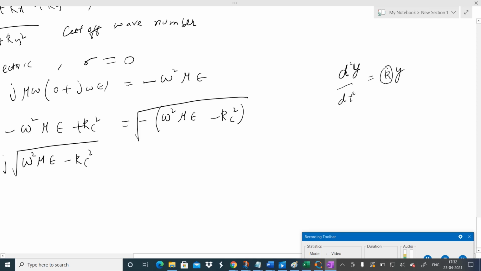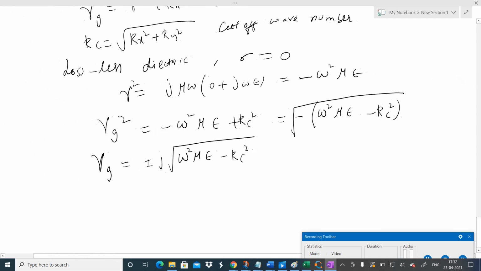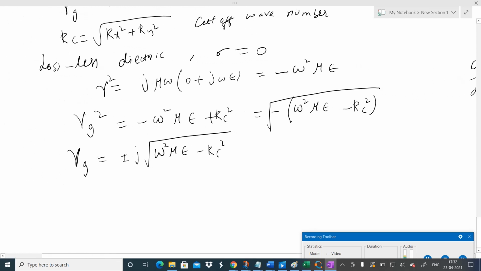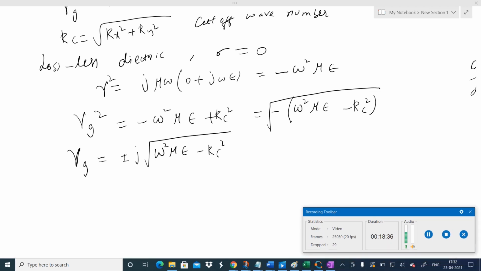This constant should be negative for this type of equation to have a sinusoidal solution. That is why we demand these to be negative, so that its square root is imaginary or complex in general, right? Now there will be several cases with regard to this propagation constant.